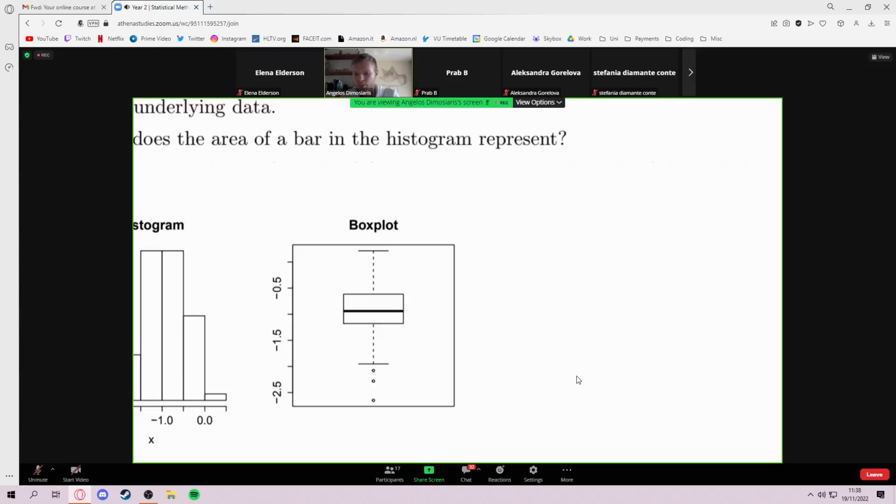It's a positively skewed distribution. If it's in the middle of the box, it's a normal distribution. And if it's closer to the top, to this line here, which is the Q3 line, it's a negatively skewed distribution, a left skewed distribution.